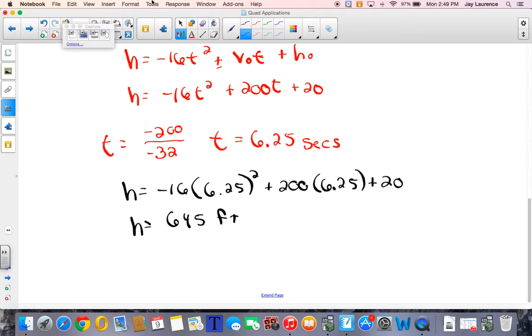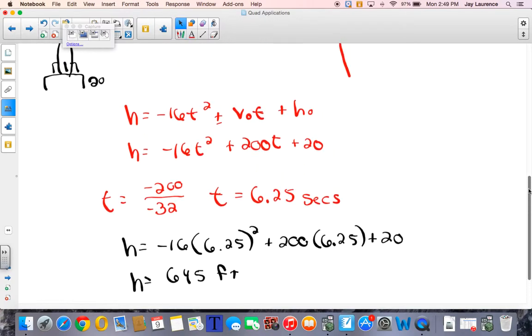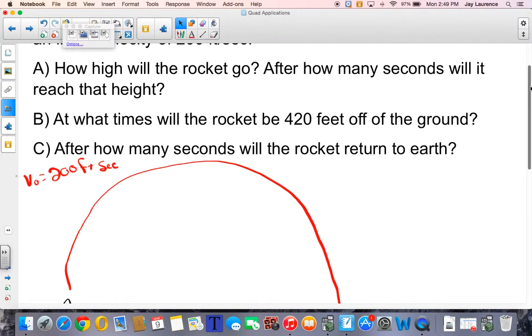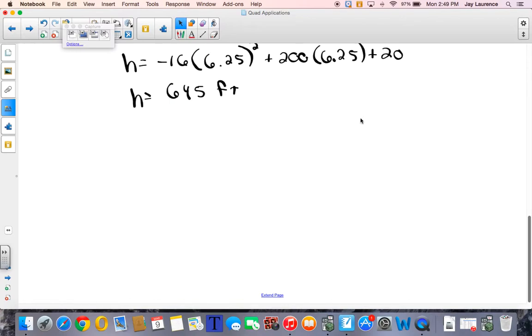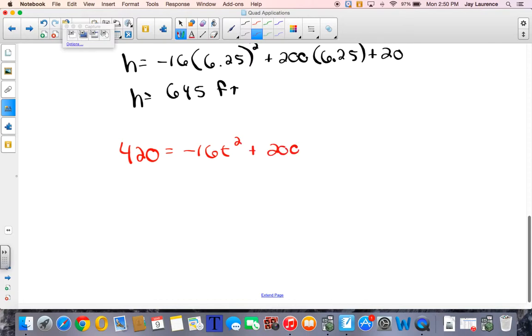Okay. Problem B is at what times will the rocket be 420 feet off the ground? So it's done almost the same way, except the 420 is going to be the ending height. I've got negative 16t squared plus 200t plus 20. And I want it to equal 420, so I'll subtract 420 from both sides.